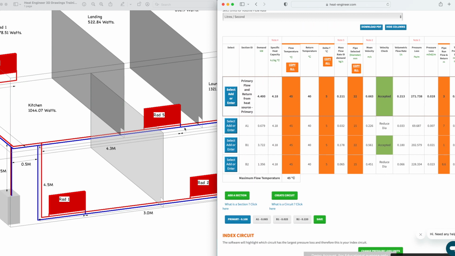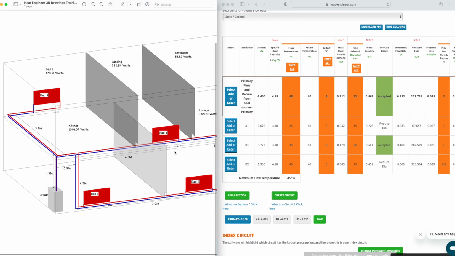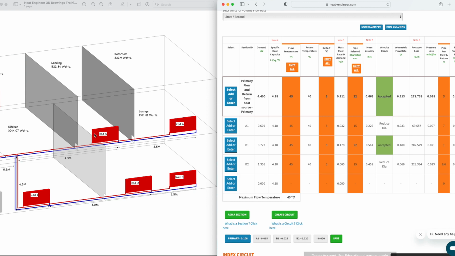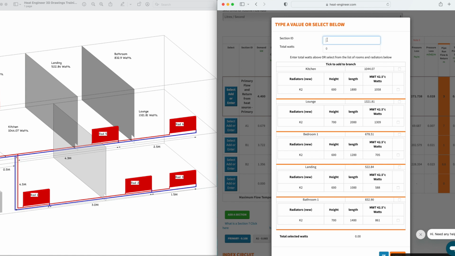So the next section we've got to do is this last section, which is 2.5 meters long on circuit B. So we now add another section, and this one is going to be called B3. So we click on there, B3, and we say how much energy is that taking?